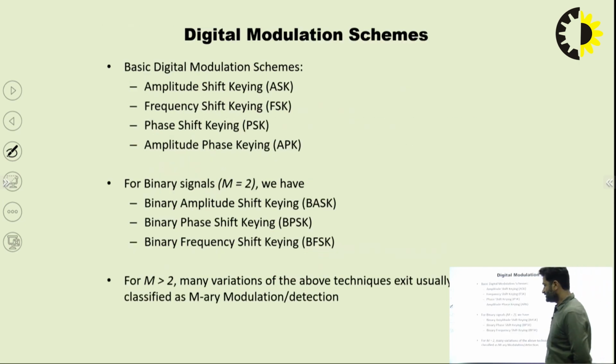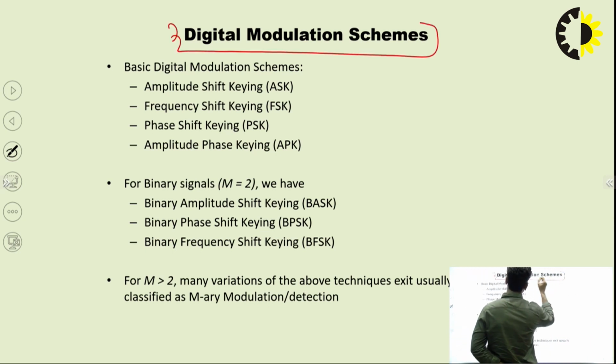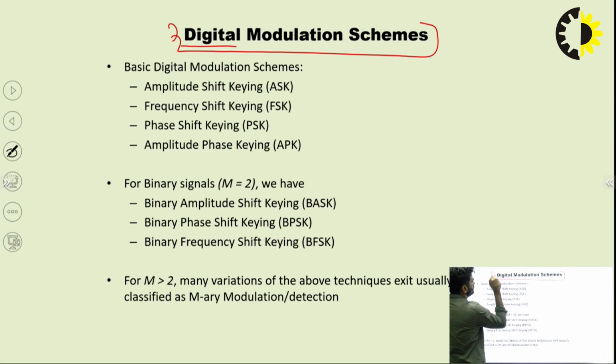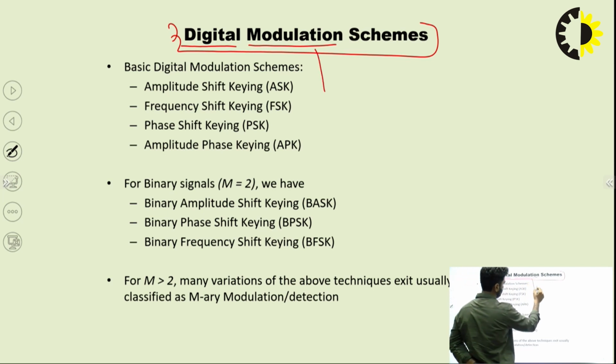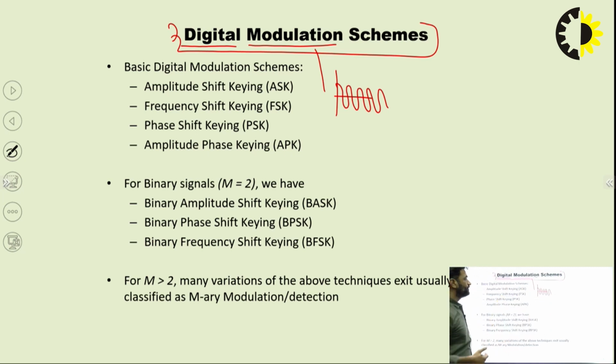Now, what are the different types of digital modulation schemes? Digital means the 1010 signal. Modulation means we mix this digital signal with the carrier signal. There are different methods to mix this signal with the carrier.